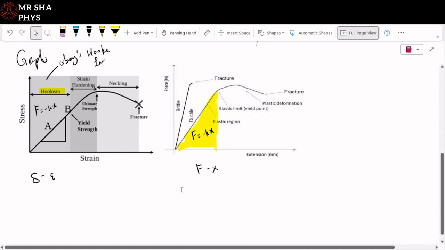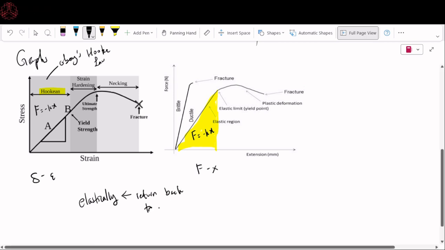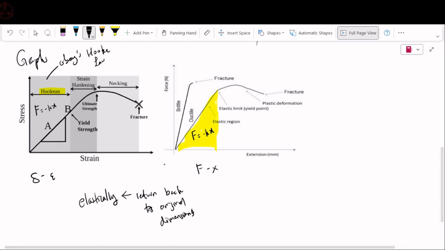So it deforms elastically. Why do we say elastically? Because it can return back to its original dimensions. That's why we call it the elastic region.